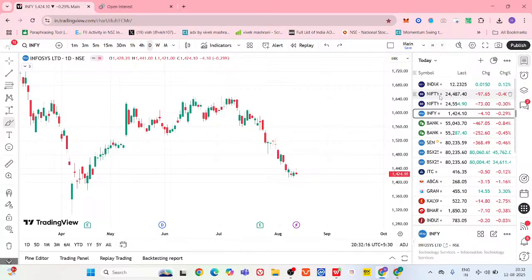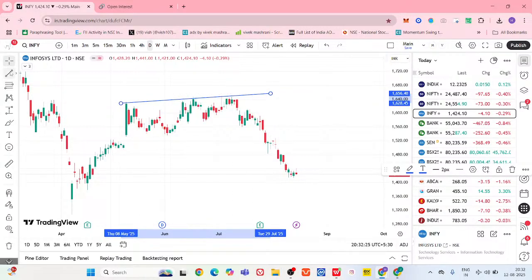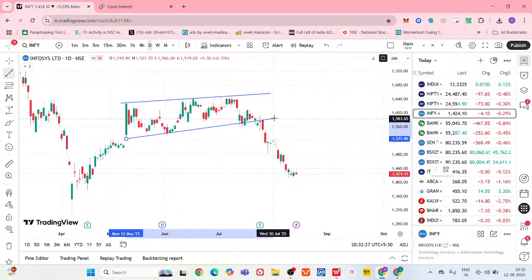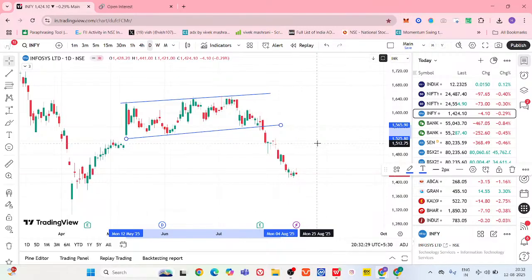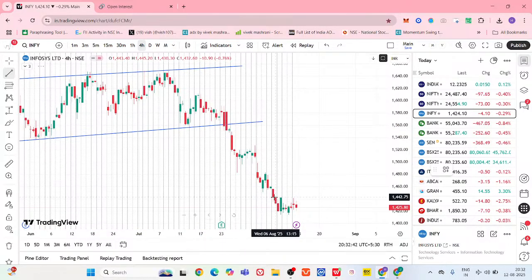And let's see Bank Nifty. This is Infosys. What is happening in Infosys? You see very clearly there's a breakout, and then a downside. Almost all the gaps have been filled here. This gap. Now a little bit of a bounce is possible, yes.